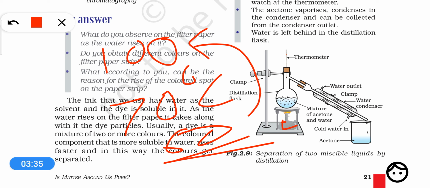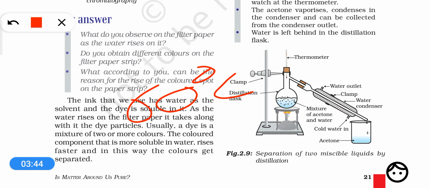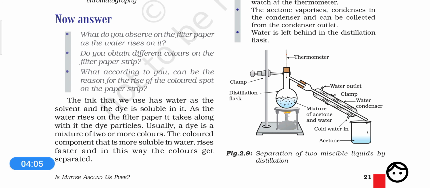What will happen? When the temperature rises, suppose the boiling point of acetone is around 60 degrees Celsius. First of all, the temperature will reach 60 degrees, and at this temperature the acetone will start vaporizing. Its vapors will rise, and then the vapors will enter into the condenser tube. What is a condenser? This is the condenser in which cold water keeps circulating.